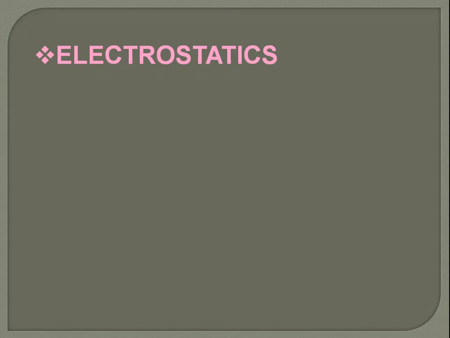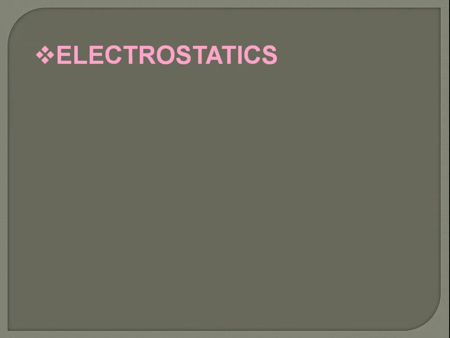Okay, so let's start with the definition of electrostatics. So what is electrostatics? Electrostatics is the branch of physics in which we study the behavior and properties of charge when it is at rest.